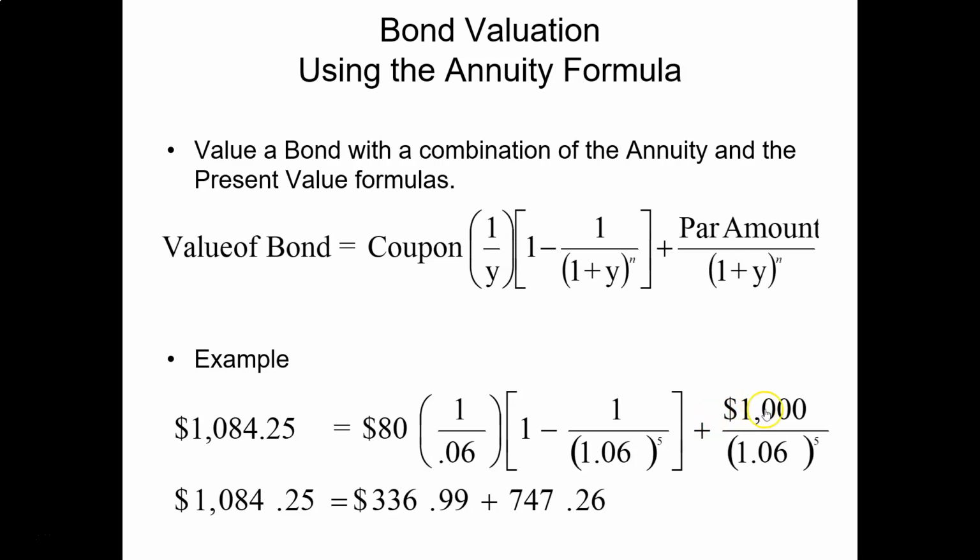We use the face value of $1,000. Then we calculate the present value of this $1,000 using $1,000 over 1.06 to the power of 5. If you verify the calculation, it is very similar to the result we calculated in previous slides. Here we have this slight difference because of the rounding calculation.